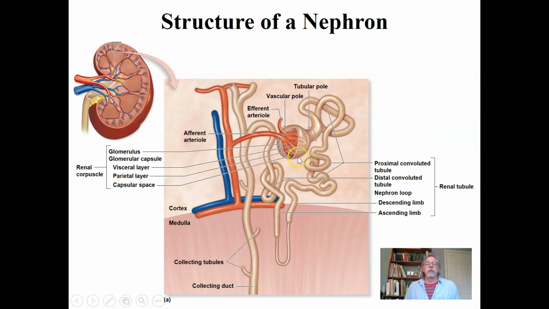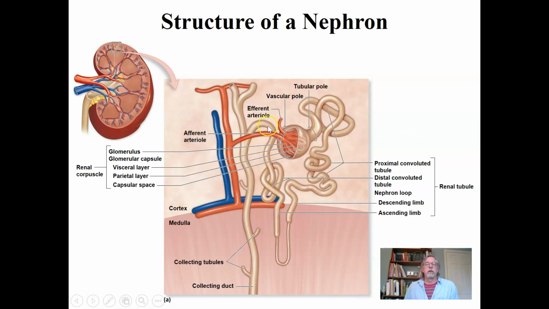Okay? This is the site of filtration. Blood is going to enter into here, and it's going to exit through this visceral layer into the capsular space, and once it's there, it's going to start its pathway down the tubule. So this is the proximal convoluted tubule close to the glomerulus, and here's the loop of Henle, and the distal convoluted tubule.